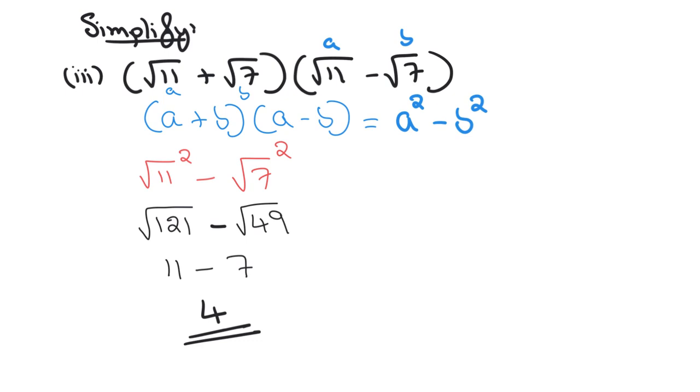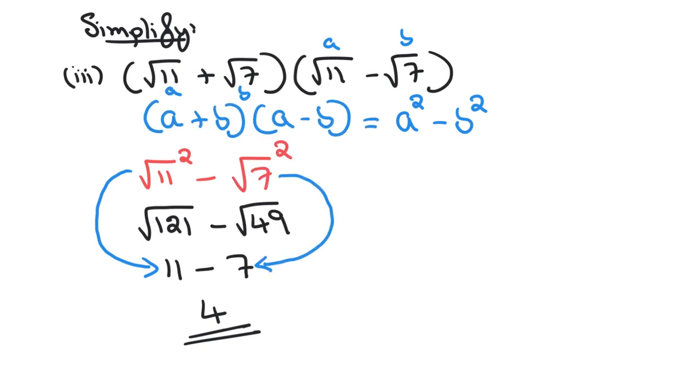Again, observe. Root 11 squared, finally, what is it? Root 11. Root 7 squared, finally, what is it? Root 7. So do you observe the root and the square? If you eliminate this, the answer is 11 for this, isn't it?